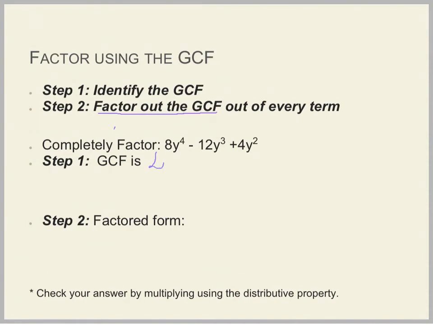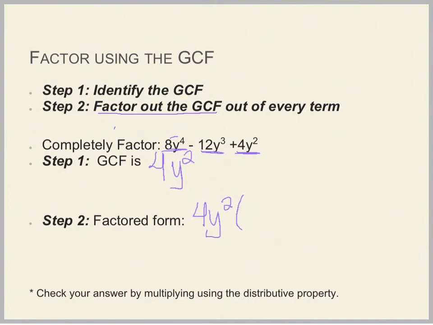The greatest common factor is 4y squared. That is the largest monomial term that can multiply into each of those 3 terms. So if I factor out a 4y squared, I will be left with 3 terms, and I have to figure out what those 3 terms are.